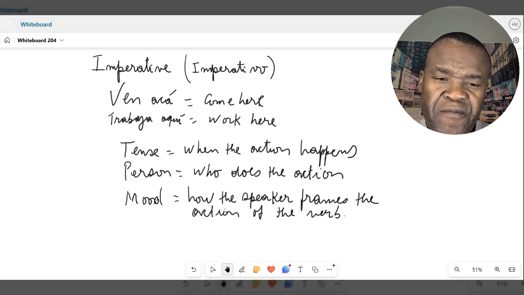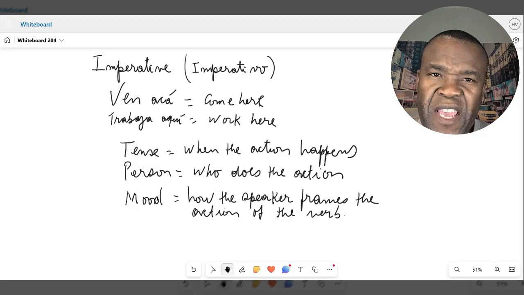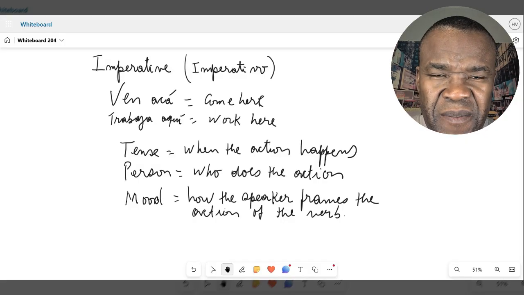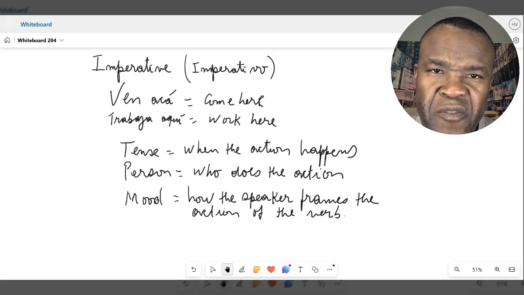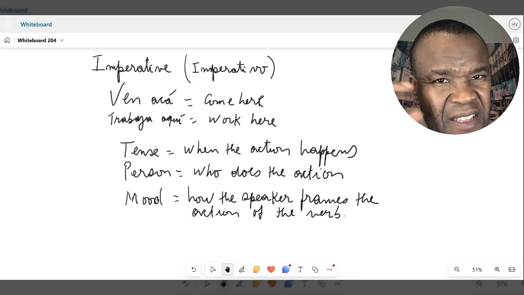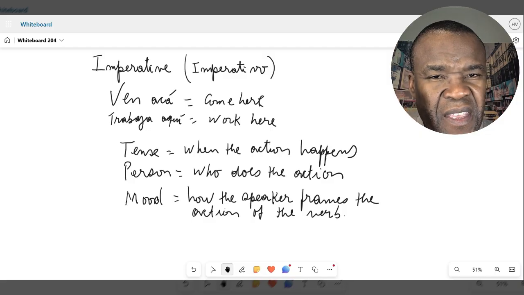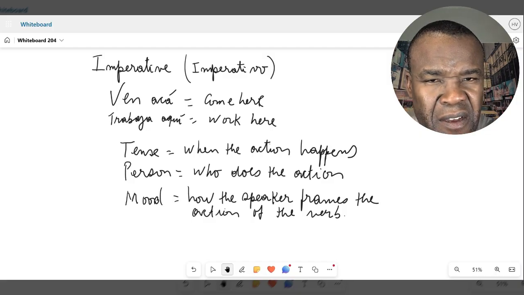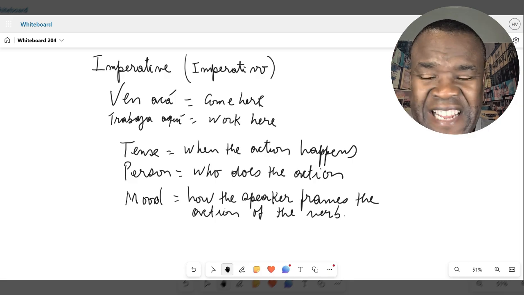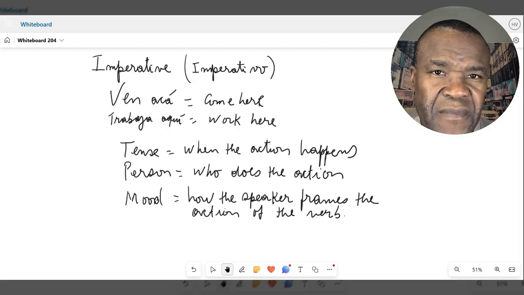Because there are certain ways we speak in English, they don't speak like that in Spanish. There are certain structures we have in English, they do not exist in Spanish. So when we think in English, thinking of the structures we have and translate based on those structures that don't exist in Spanish, whatever we translate to Spanish, it's never going to come out right. You see what I'm saying?